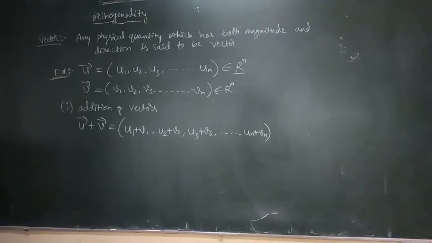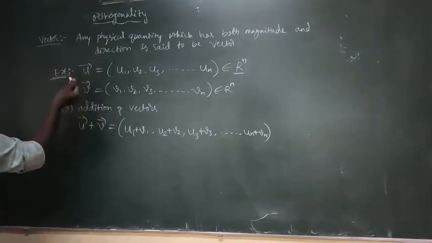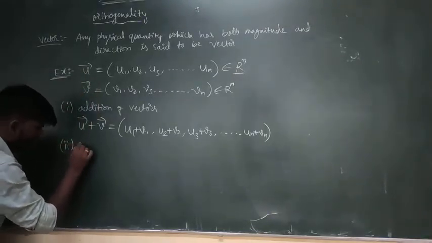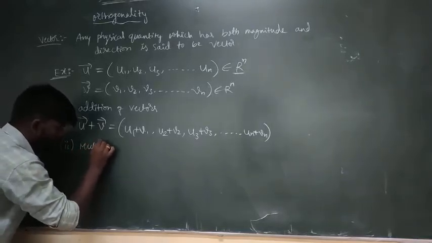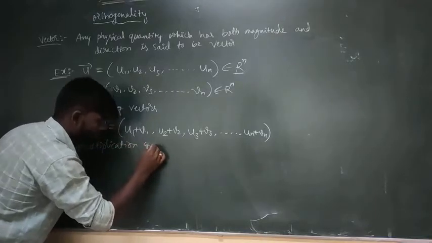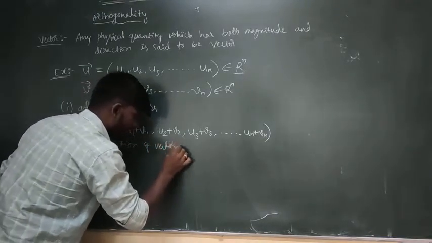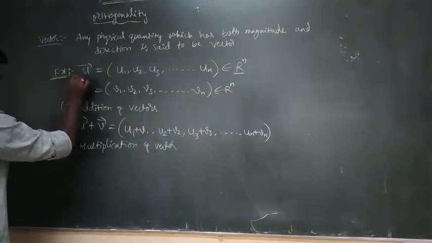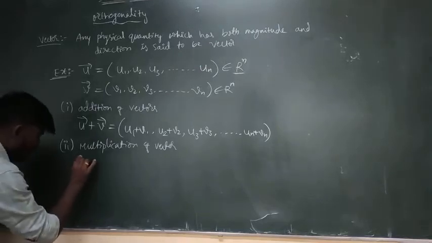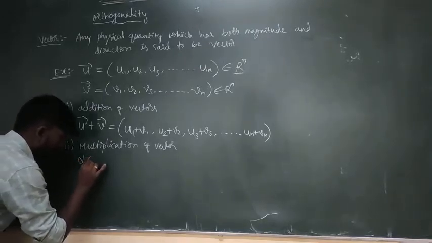Multiplication of a vector. If we multiply any one vector by a scalar, take vector u and multiply it by the scalar quantity alpha. Alpha is a scalar quantity, belonging to a field.